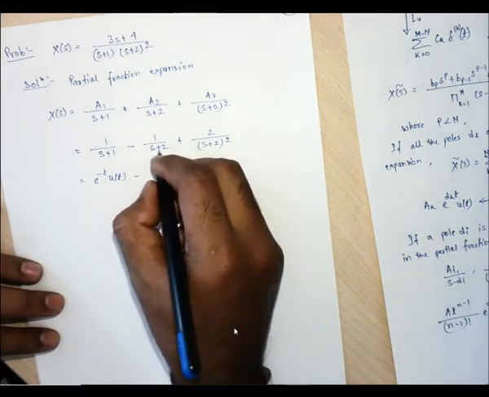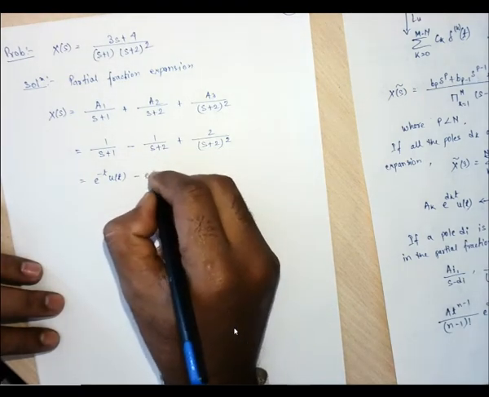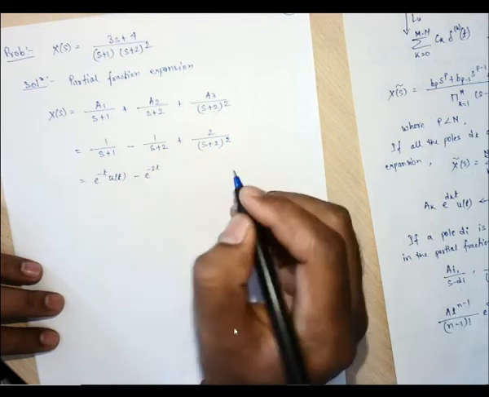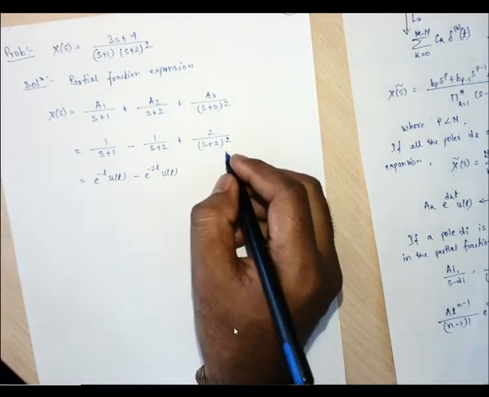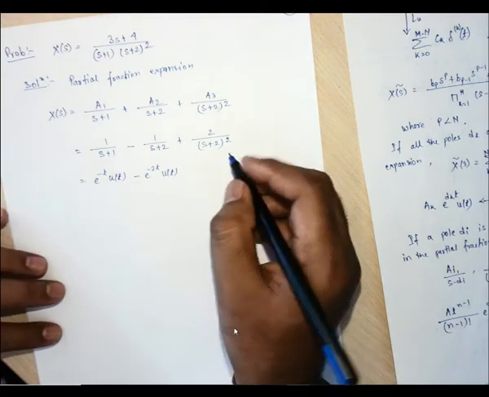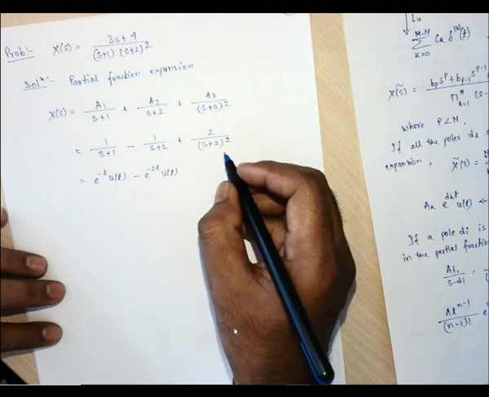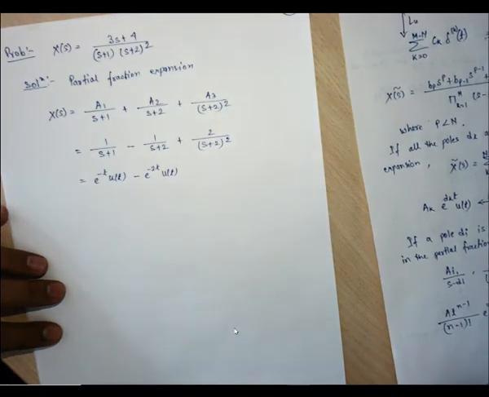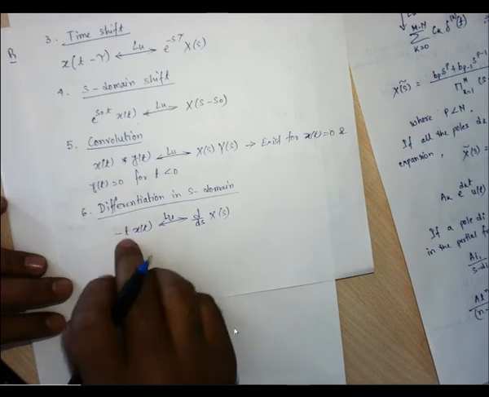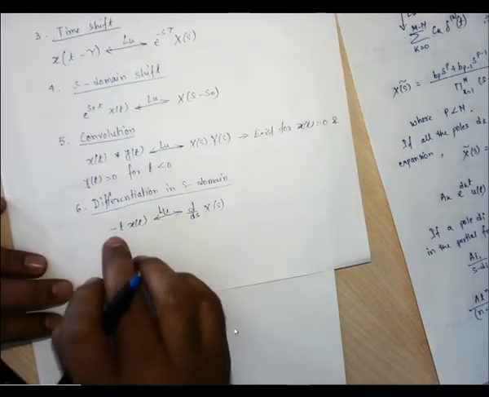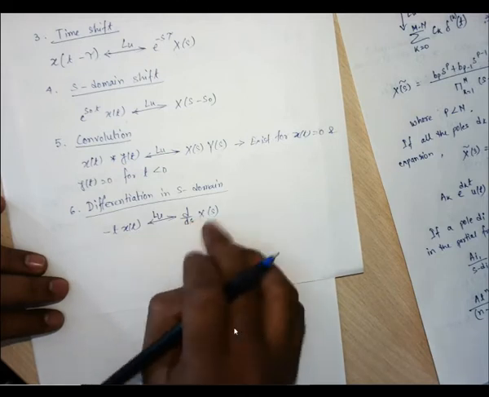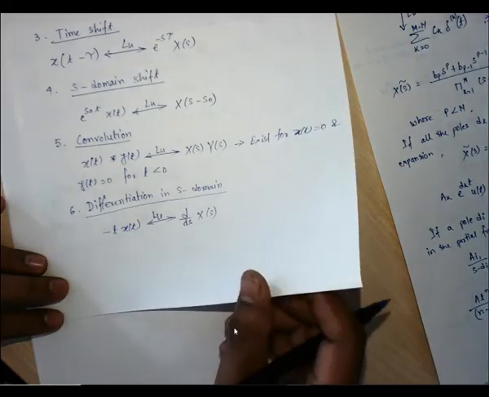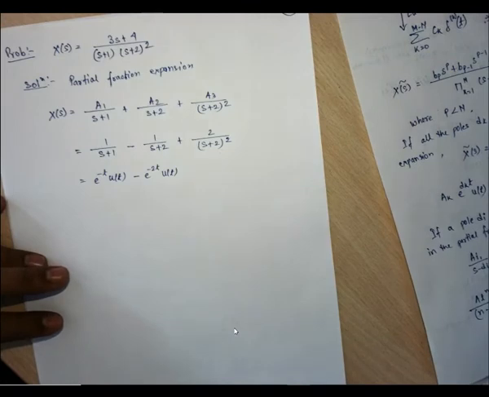Then here e to the power minus 2t u(t), but here the square is there. The square comes due to a t in the time domain signal. When t is multiplied in the time domain signal, we get differentiation in the s domain, so square, cube and so on will come.